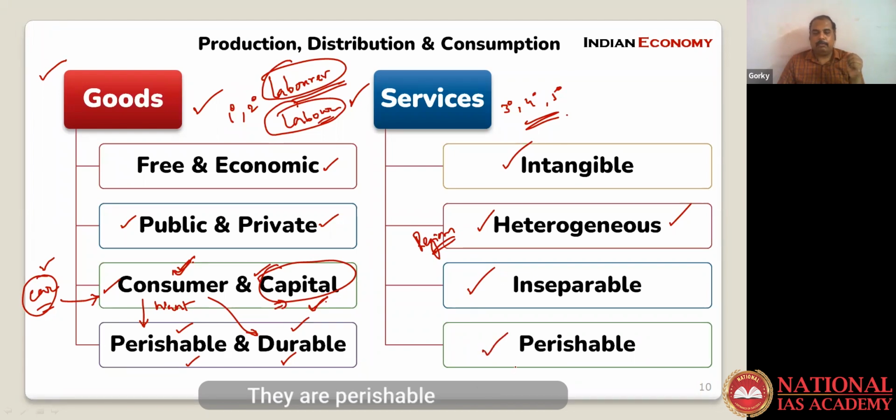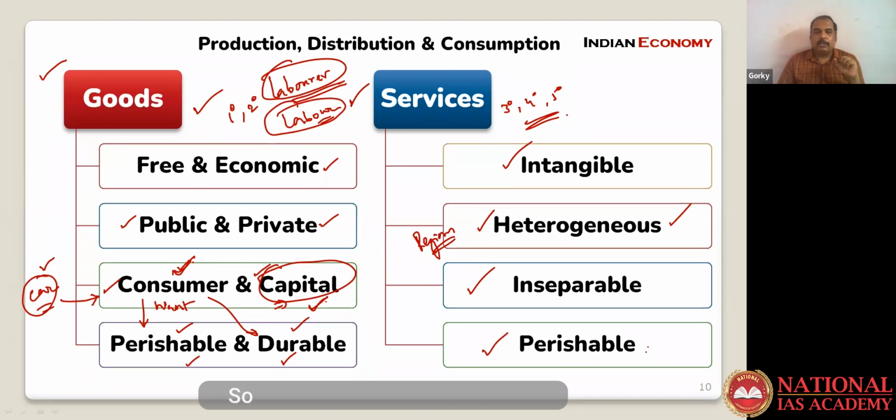They are perishable because, say for example, you purchase a ticket for a cinema. After entry and exit of that particular theater, that ticket is useless because that service has been completed and consumed. So services are perishable. They can be done away with after a particular period of time.